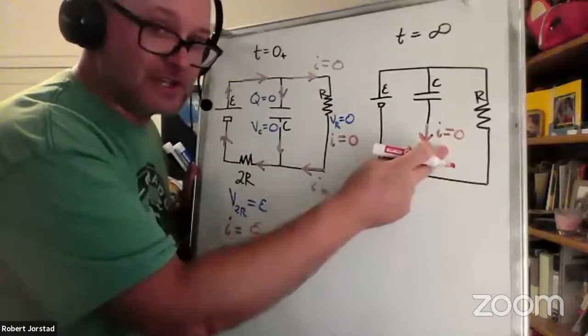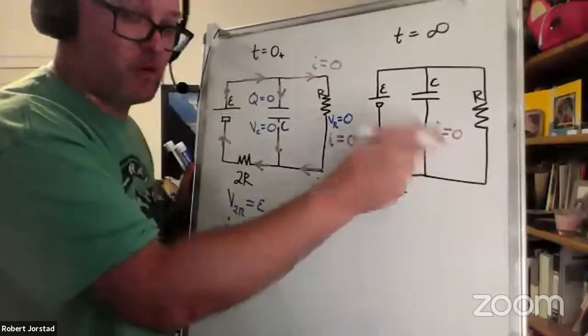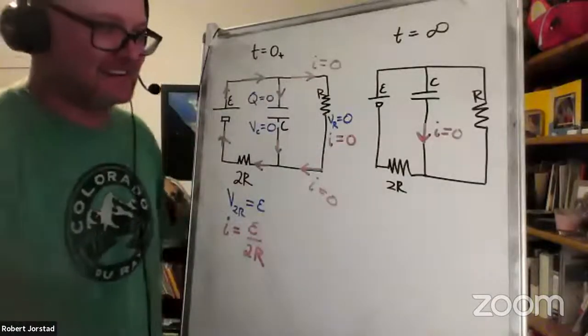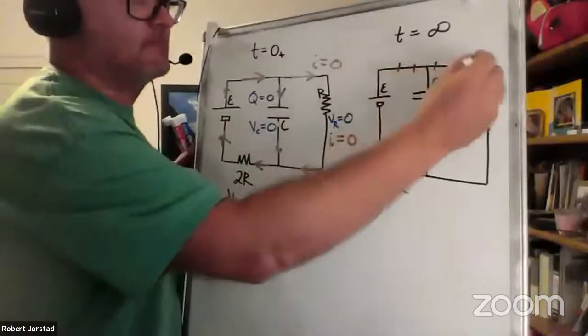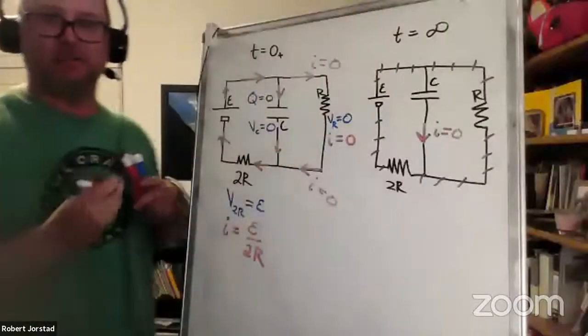I don't know the voltage yet. But I do know something else. What next? All the current is going around the entire loop. Agreed, everybody? The current's going to flow in that dashed line loop now.